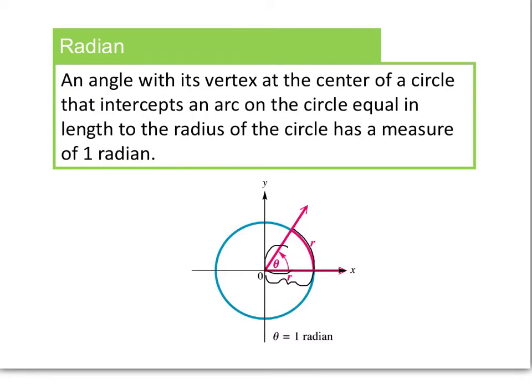The angle that's created is called 1 radian. 1 radian is approximately equal to 57 or so degrees. It's not exact. Radians are used to describe and analyze circular motion because it's built upon the idea of a radius of a circle.